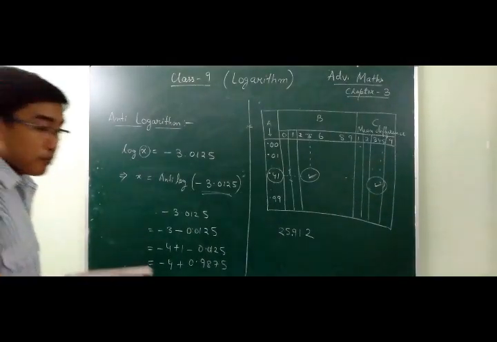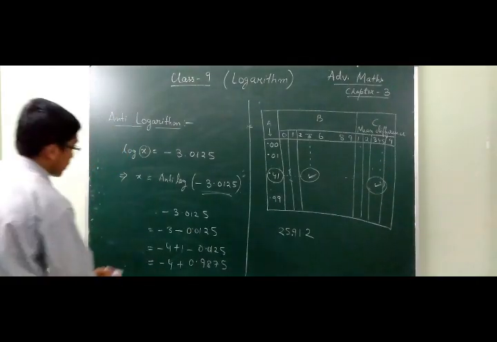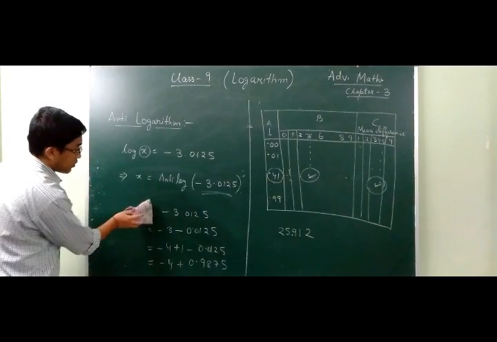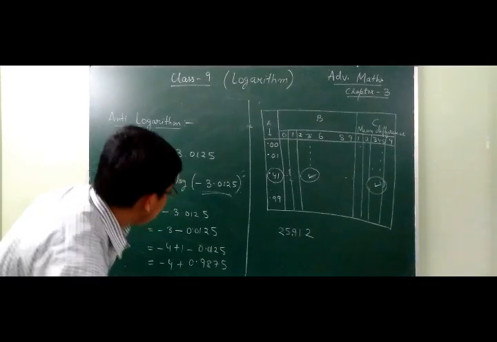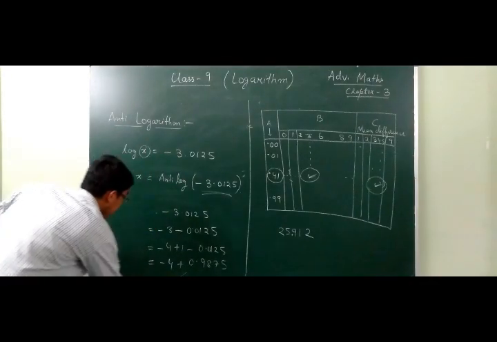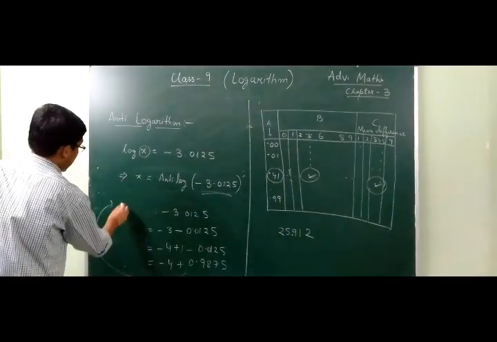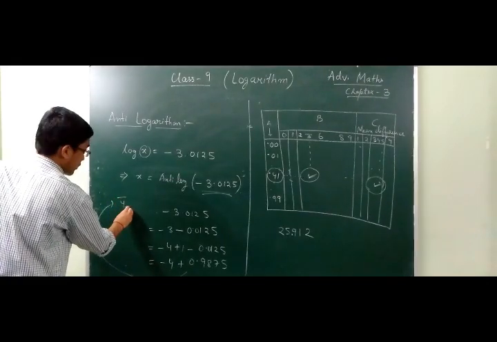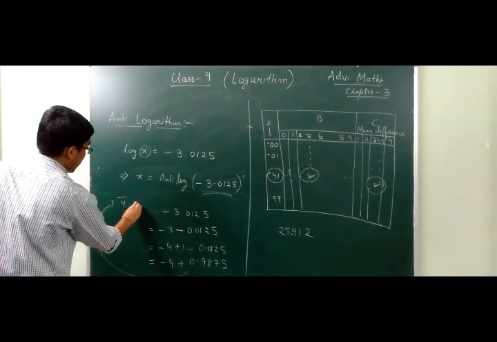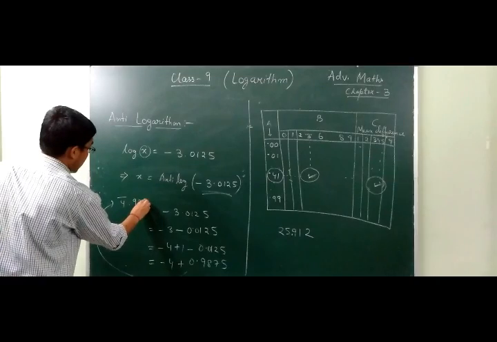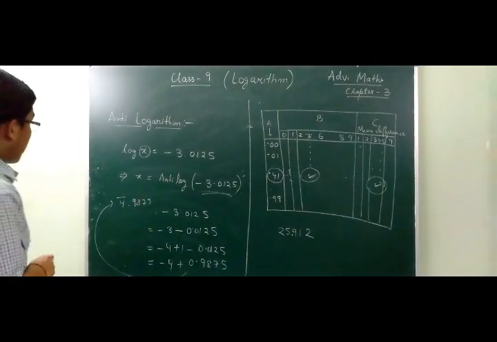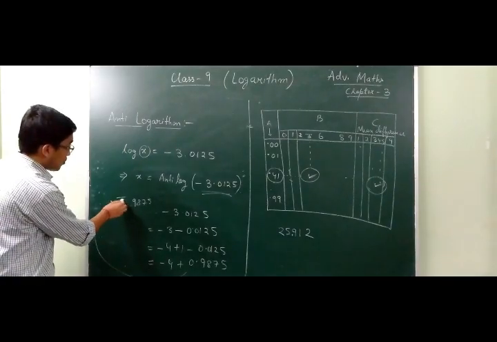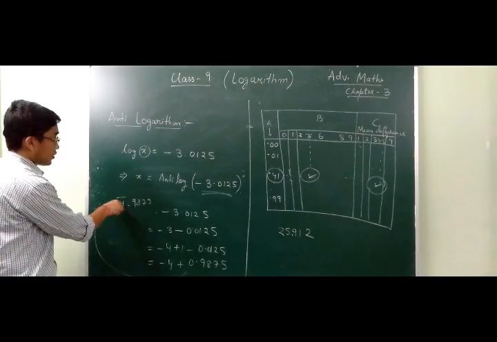So ultimately, after this calculation, this number has been converted to, let me write here, minus 4 characteristic, 0.9875. Now I can ignore this number before the decimal point.